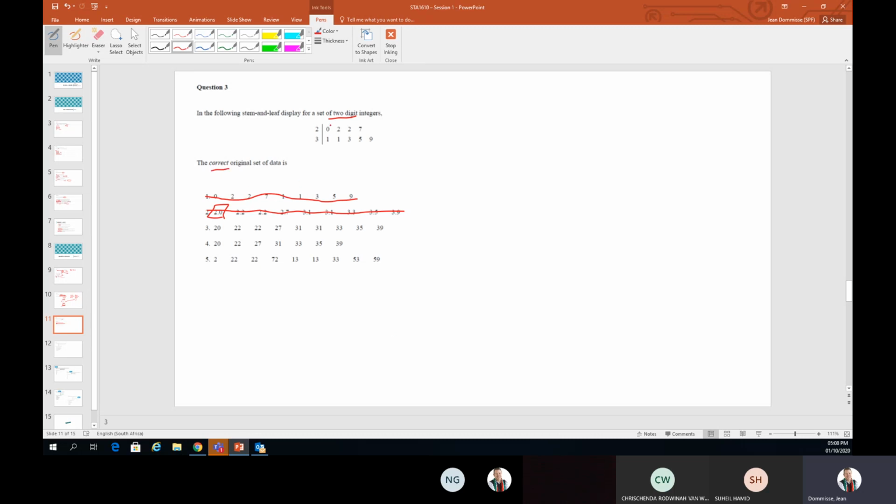So the first number is 20. Okay, so it can be that one and it can be that one. The second number is 22. Again, that one or that one. The third number is also 22. So again, there they skip the 22.